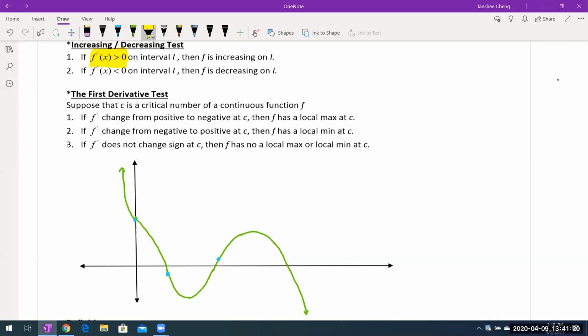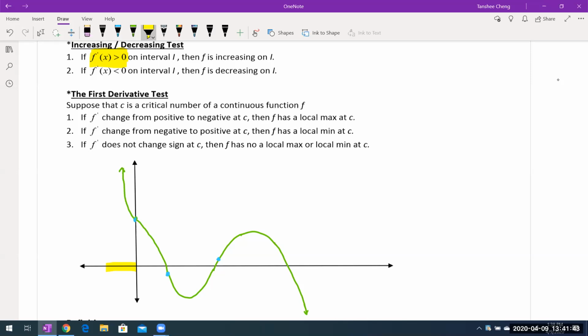So why is that happening? If you look at it right here, this portion of the graph from here to negative infinity, you can see that the slope of the tangent line is a negative value. Are we all following so far? The slope of the tangent line is a negative value.